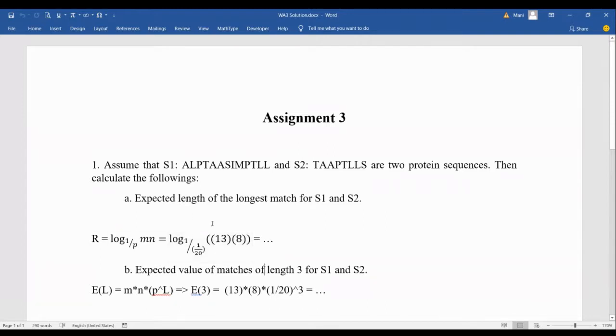And then assign the number to each one of these characters in the formula. Like, for example, for 1 over P, then you should write 1 over 20. Exactly the same format, so we understand that you assign the correct values to the correct variables or notations.